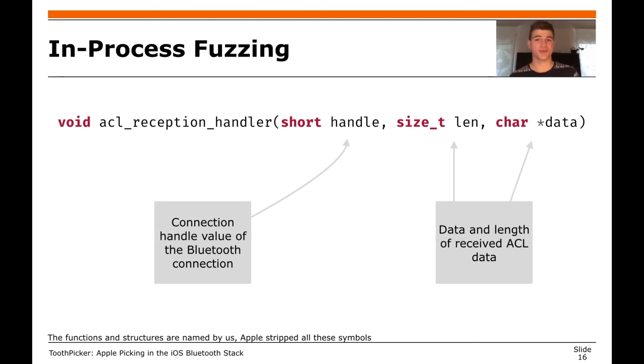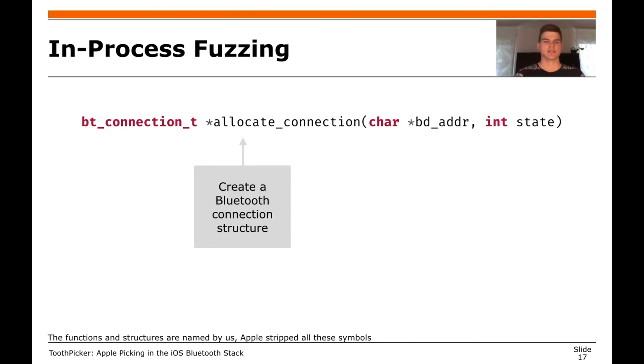So what we need for our virtual connection creation is exactly this handle. What we found was that there is a function that we called allocate connection, which receives a Bluetooth address as an argument and a state value. This will create a Bluetooth connection structure, which is basically the internal representation of a Bluetooth connection in Bluetooth D. So now we can create internal representations.